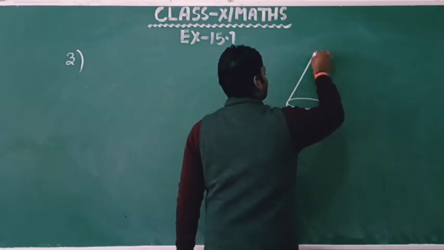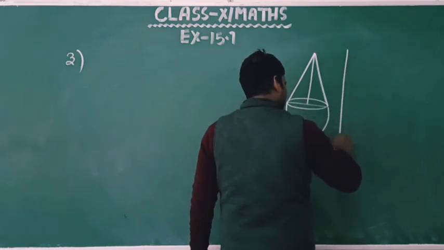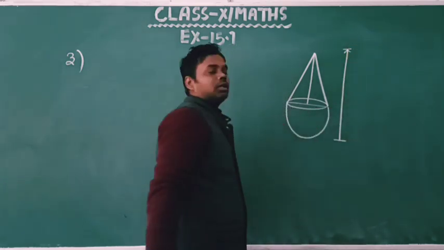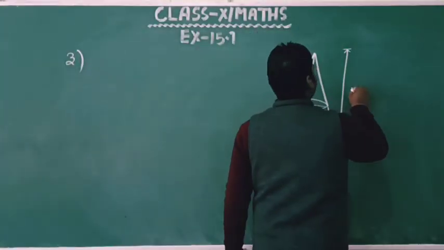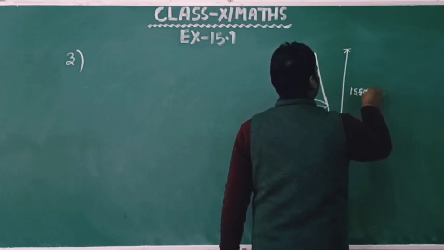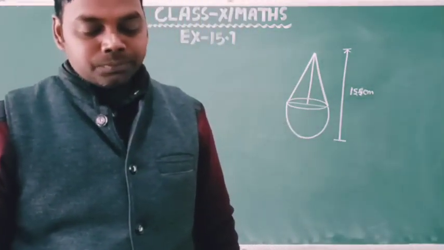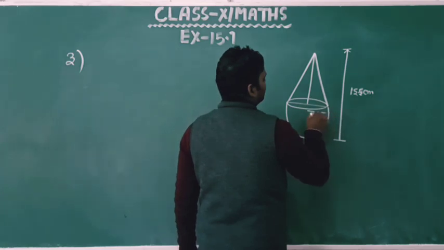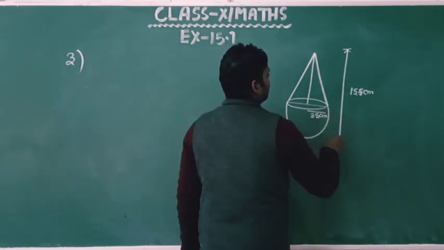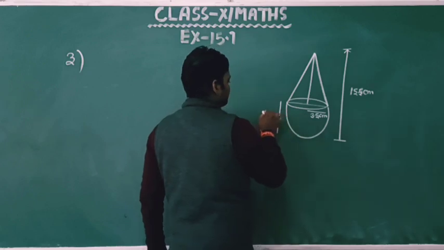This is given: the total height of the toy is 15.5 centimeter. And the radius is also given, radius 3.5 centimeter. This is also the radius of the hemisphere, 3.5 centimeter.